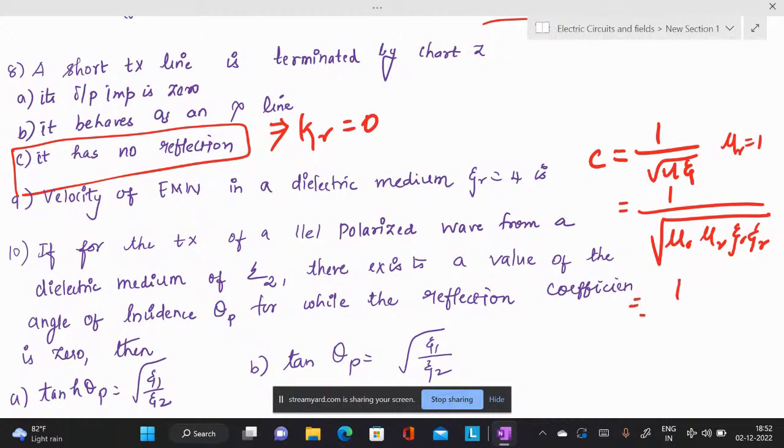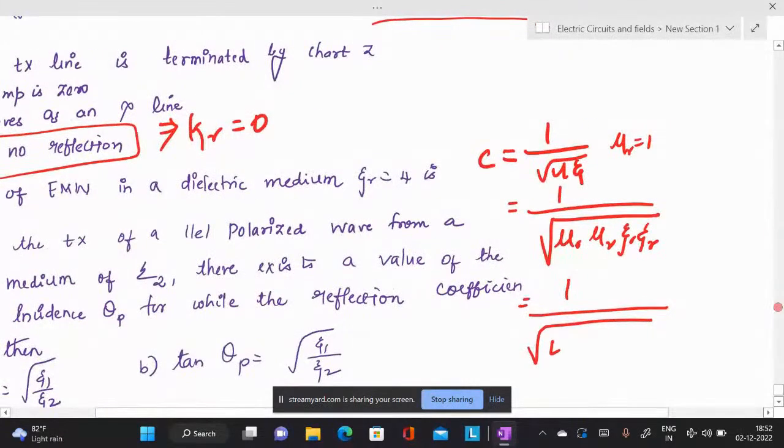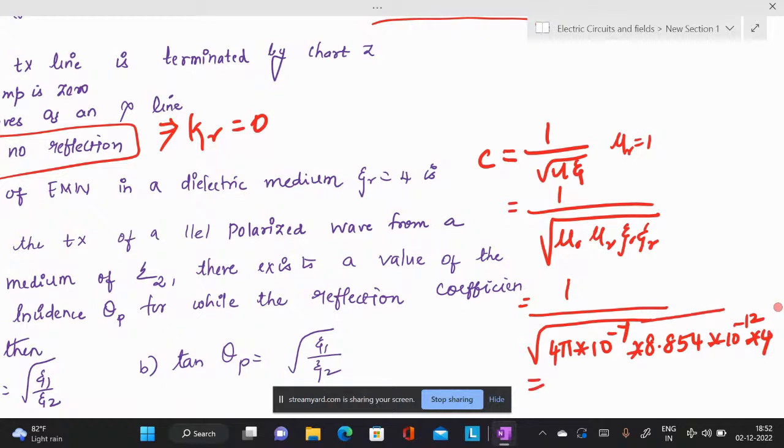So what is the value of mu naught? Generalized 4 pi into 10 to the power minus 7, mu r is 1, epsilon naught is 8.854 into 10 to the power minus 12, epsilon r is 4. If we find this, we will get the value of C.